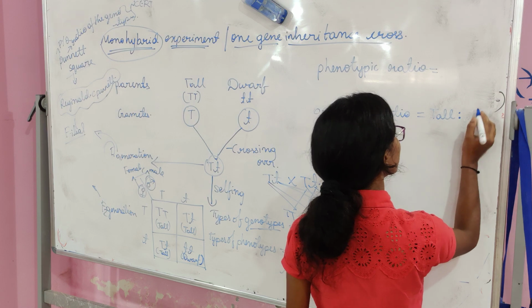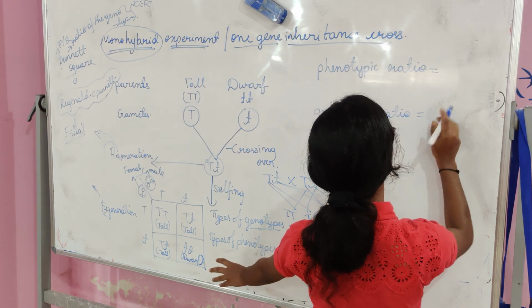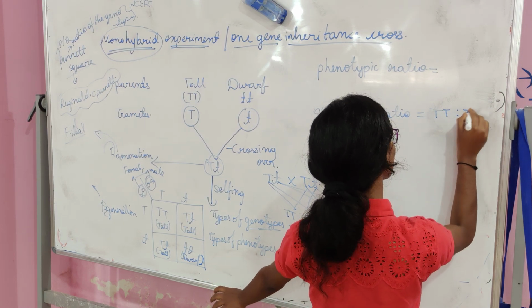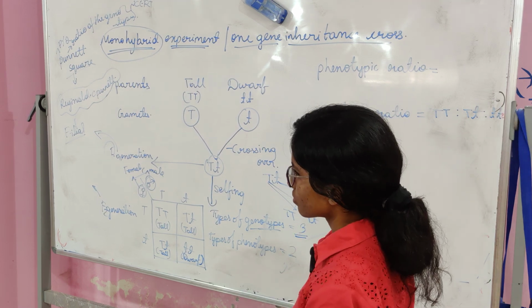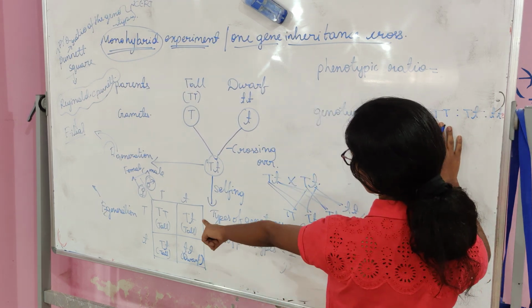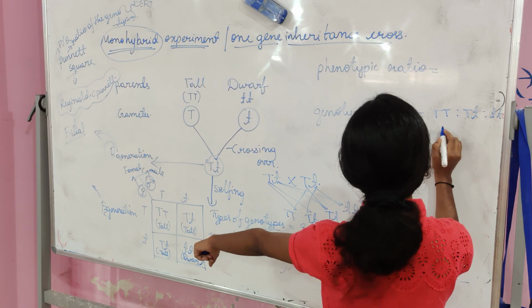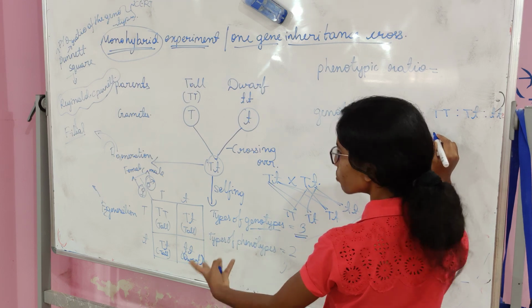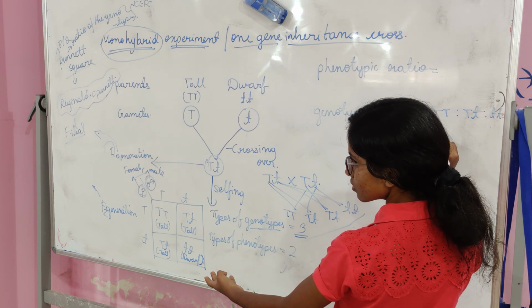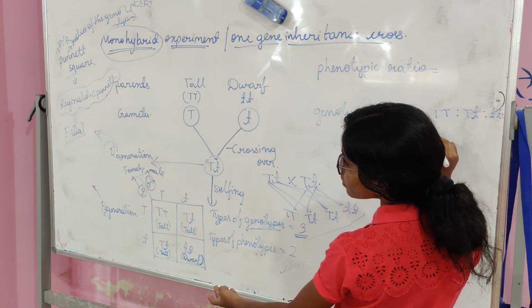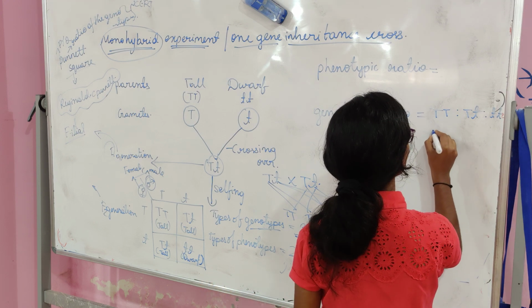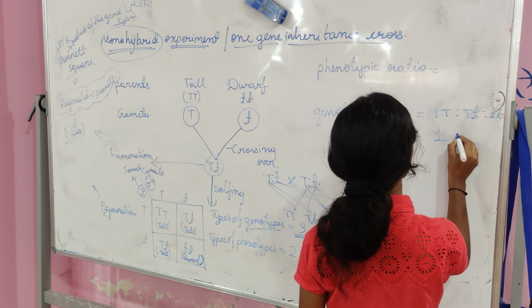Just write it like TT is to Tt is to small tt. So TT, how many dominant homozygous? 1. Which is what? TT. So this is one.